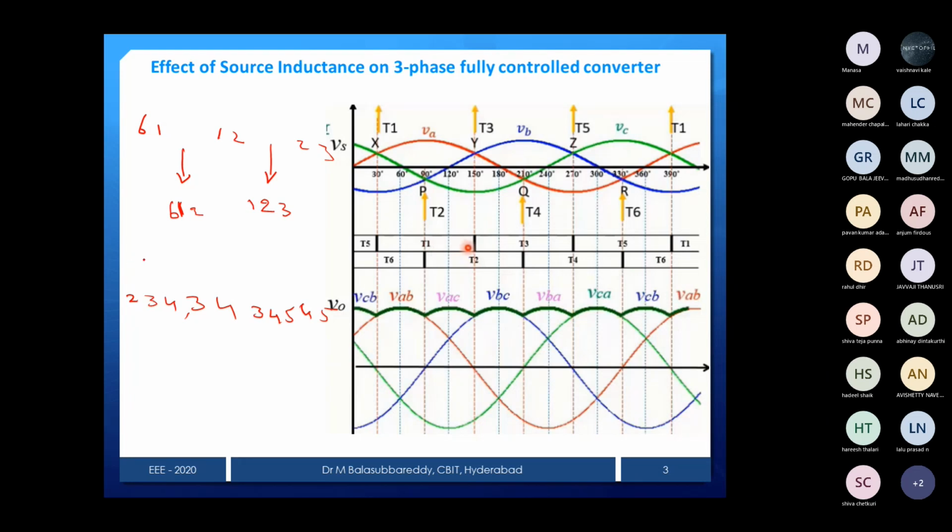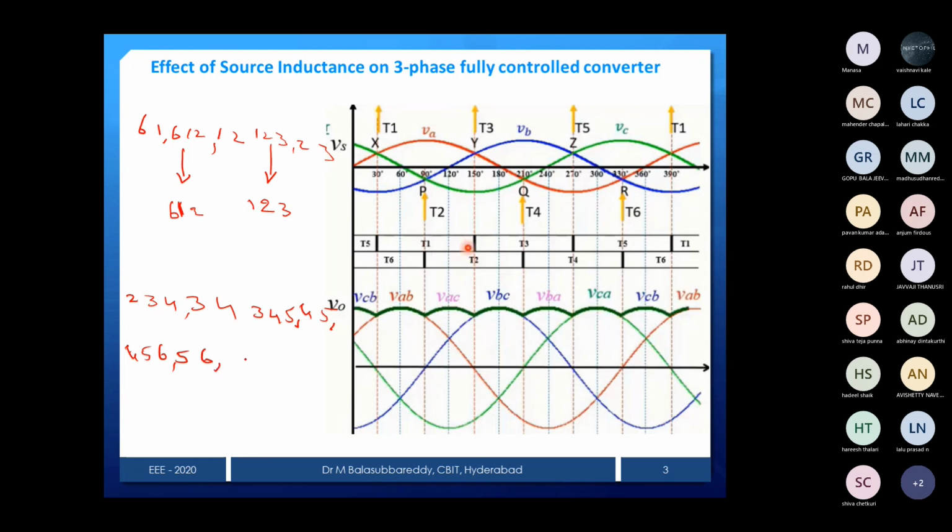Now if I consider the source inductance, you can see that 6 1, after that 6 1 2, then 1 2, then 1 2 3, then 2 3, then 2 3 4, then 3 4, then 3 4 5, then 4 5, then after 4 5, 5 6 normally, but in between there is another interval 4 5 6, then 5 6.